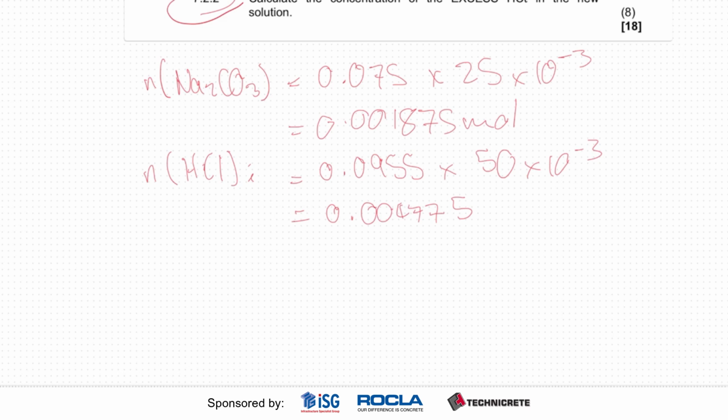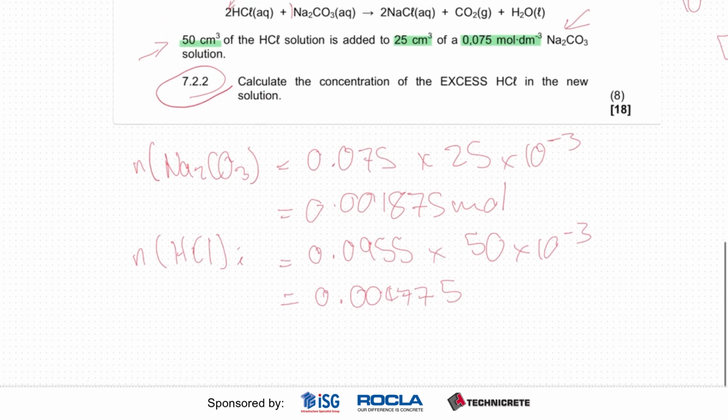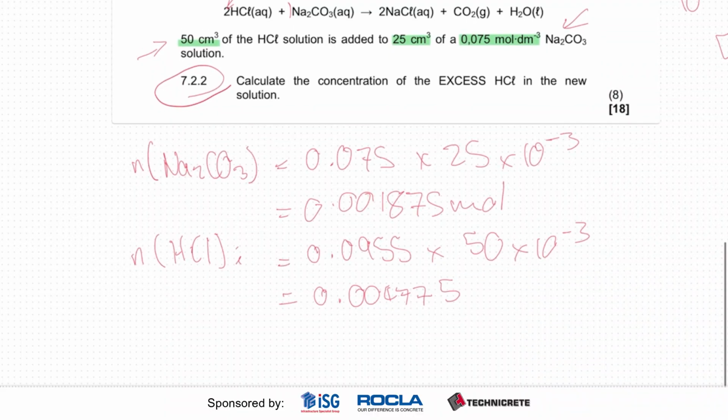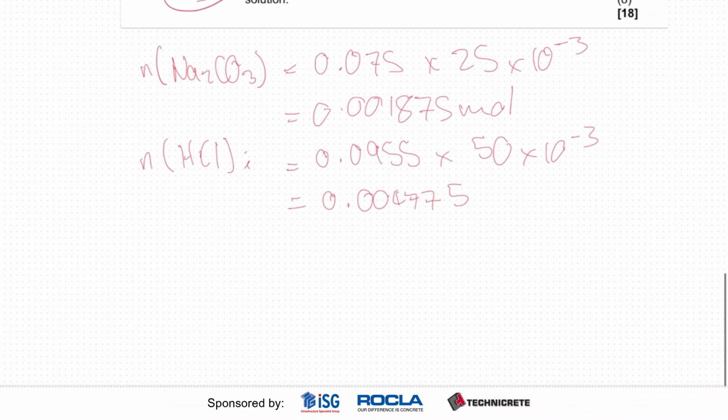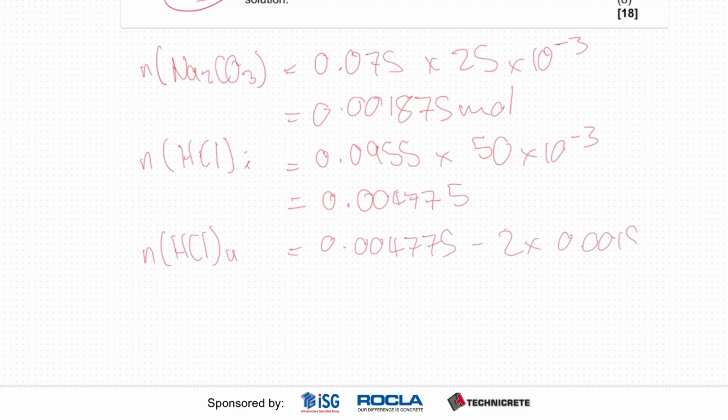Okay, so then the moles of HCl used up would be 0.004775 minus 2 times 0.001875.